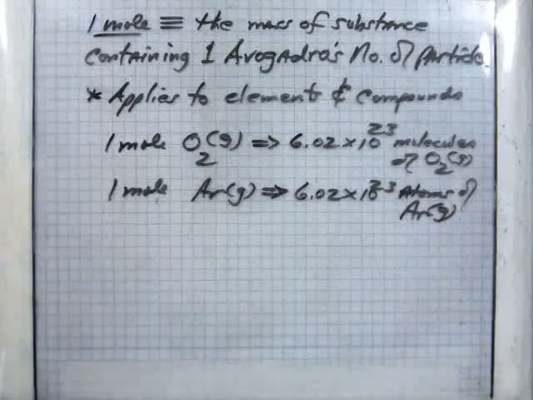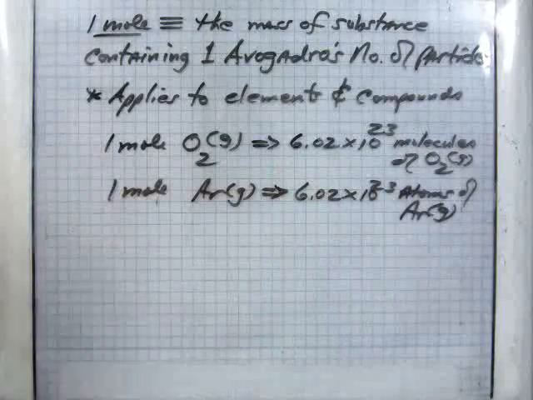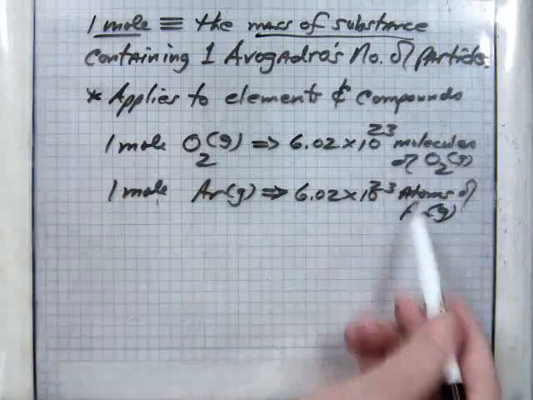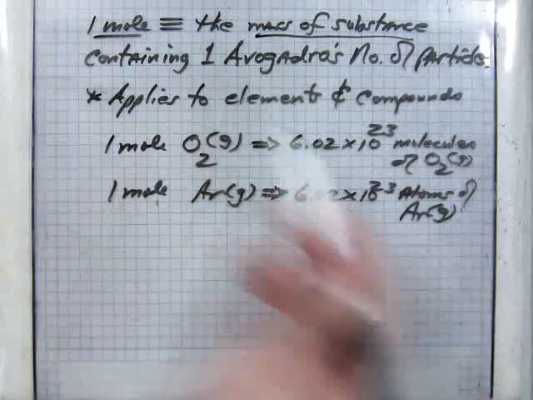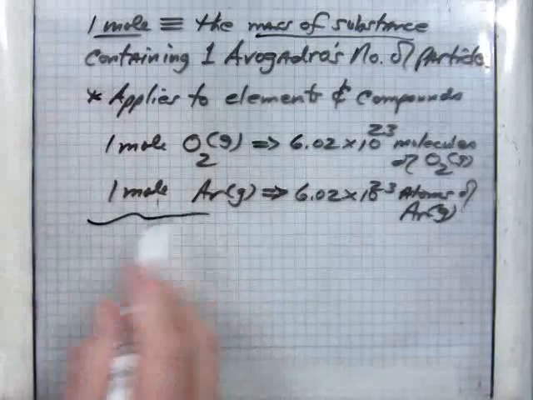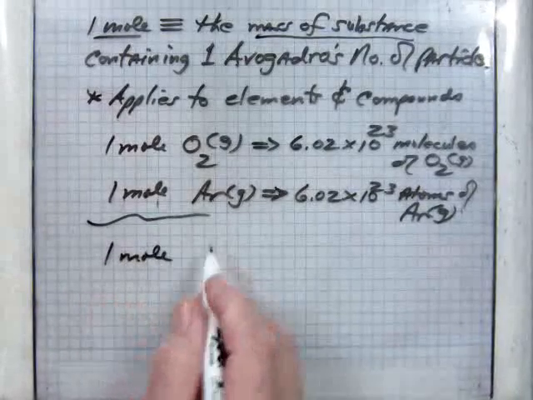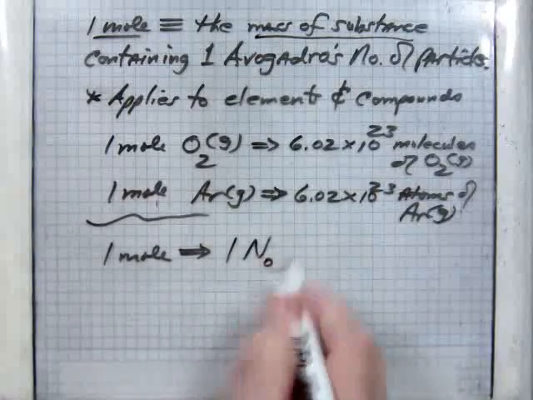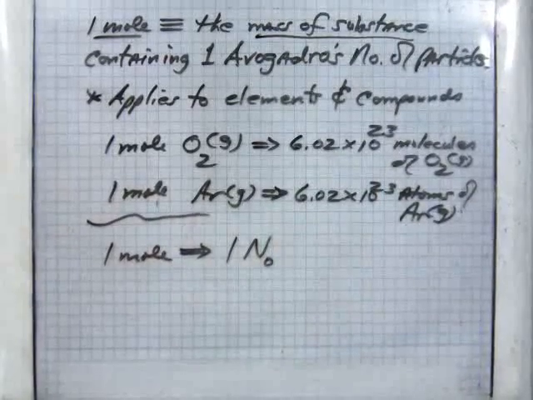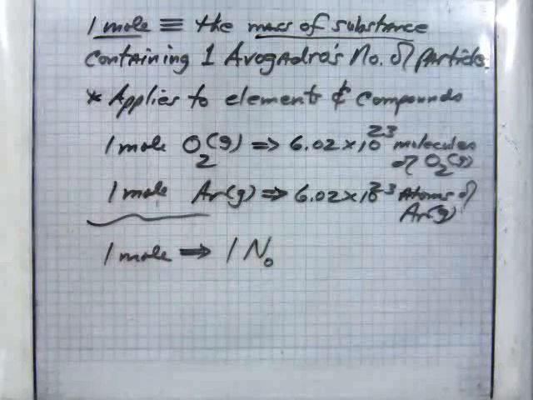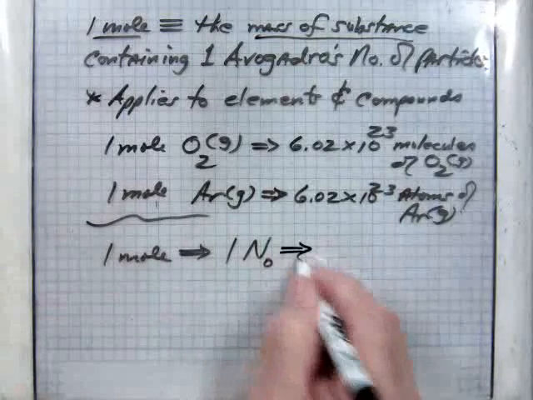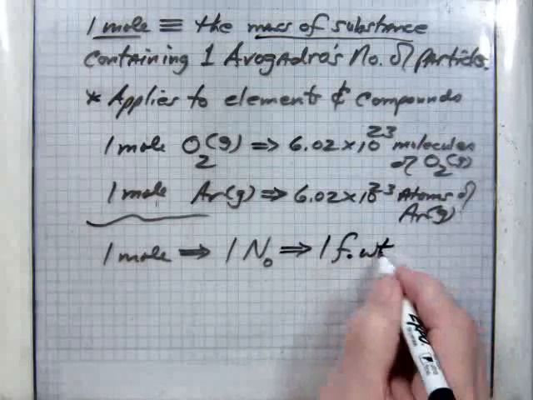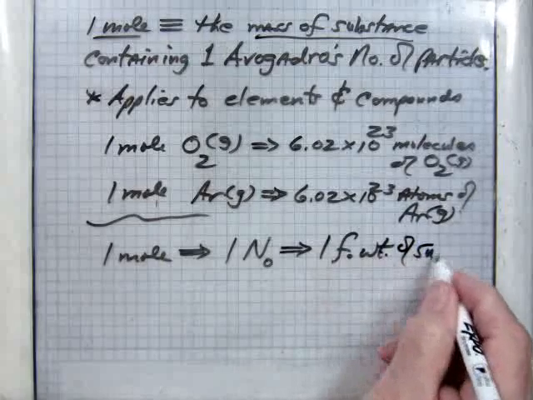Now, it's also the formula weight. The mass of substance that contains the Avogadro number is equal to the formula weight. So 1 mole, which is 1 Avogadro's number, this is the symbology for it, a capital N with a subscript 0, is also 1 formula weight of substance.